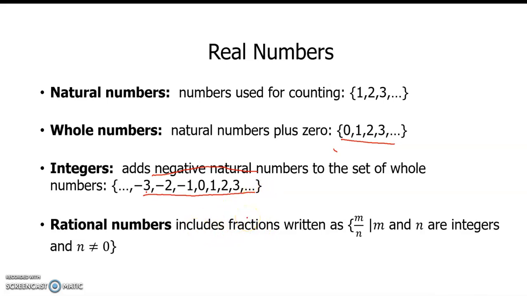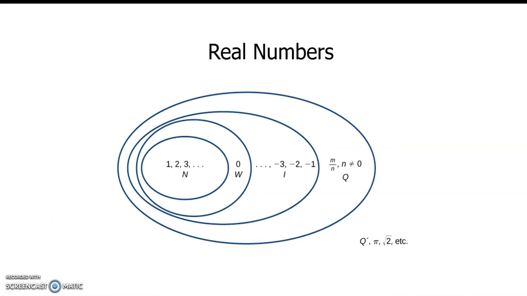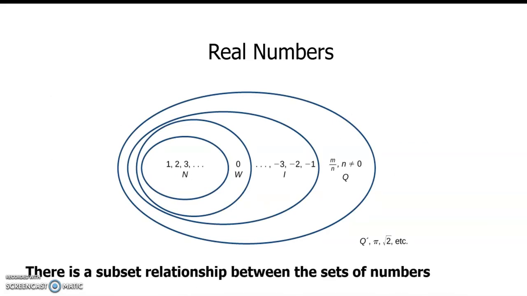Kasi kapag dinivide mo ang isang number with 0, ang sagot nun is syntax error sa scientific calculator. And irrational numbers naman are the set of numbers that are not rational, are non-repeating, and are non-terminating. Okay, so those are real numbers.